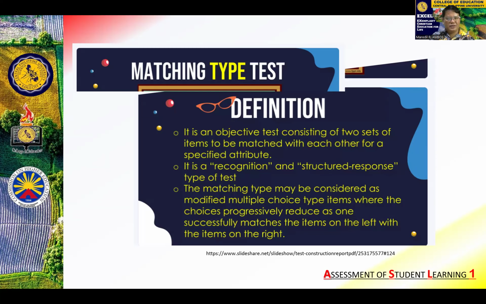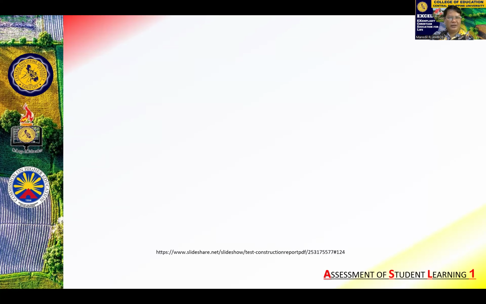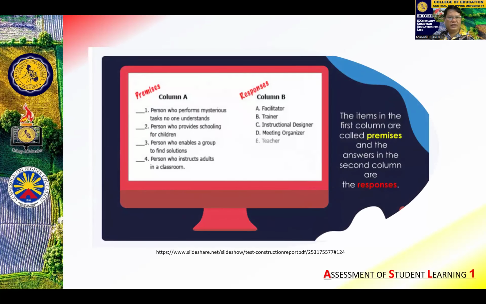And the matching type may be considered as modified multiple choice type items, where the choices progressively reduce as one successfully matches the items on the left with the items on the right. Okay. And here is an example of the matching type test. So the items in the first column are called the premises, and the answers in the second column are called the responses. Okay.